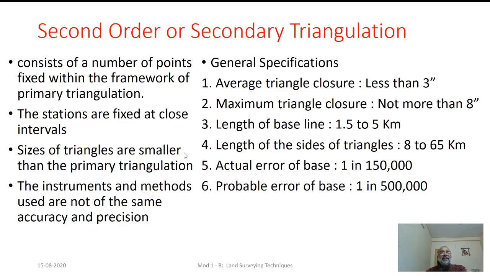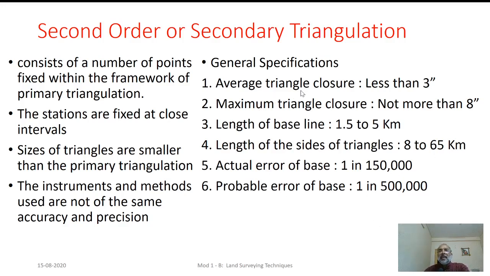The size of the triangles is smaller as compared to what we adopt in the primary triangulation. The instruments and the methods that we use are not that precise, and the practices that we follow for secondary triangulation won't be at par with the ones that we adopt as far as the primary network is concerned.